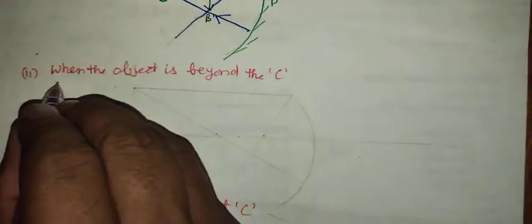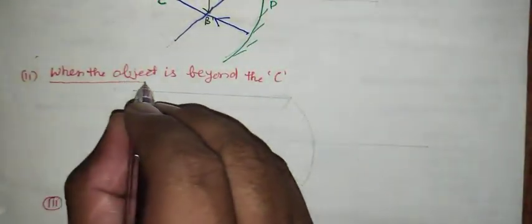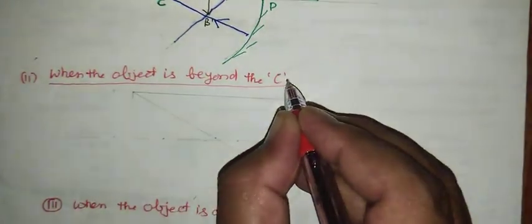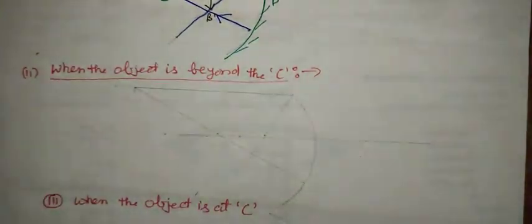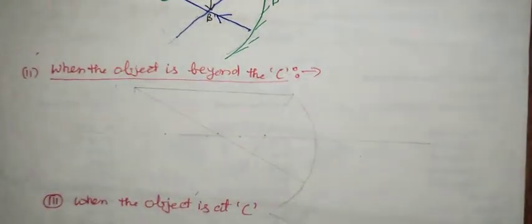Now second case, when the object is beyond C, C stands for center of curvature, then see how the image will form.